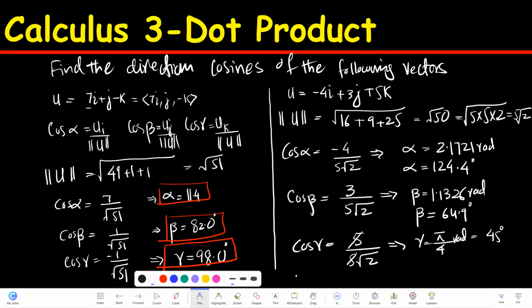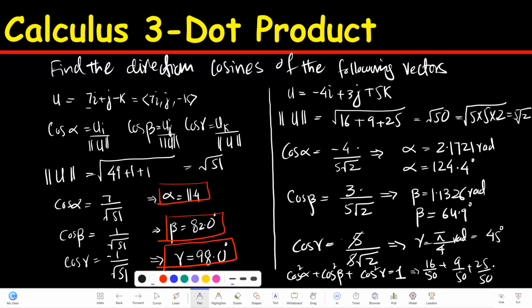Okay, here I'm going to be doing one extra step. I'm going to confirm and verify my answer. I'm going to apply this formula: cos squared alpha plus cos squared beta plus cos squared gamma should equal 1. So if I substitute the values, it's going to look like this: 16 over 50 plus 9 over 50 plus 25 over 50.